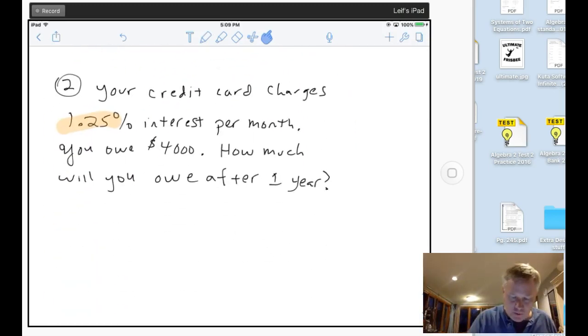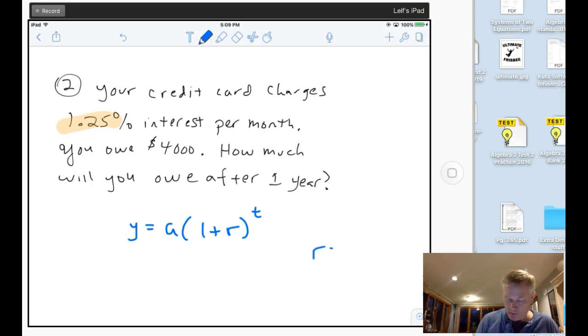Next one. Your credit card charges you 1.25% interest per month. Boy, it's low. You owe $4,000. How much will you owe after 1 year? For this one, you're going to want to take the same equation, y equals a times 1 plus r to the t power. R is going to be the rate.